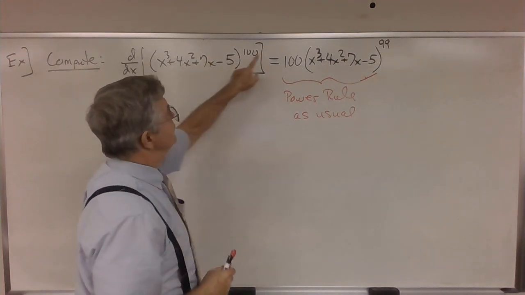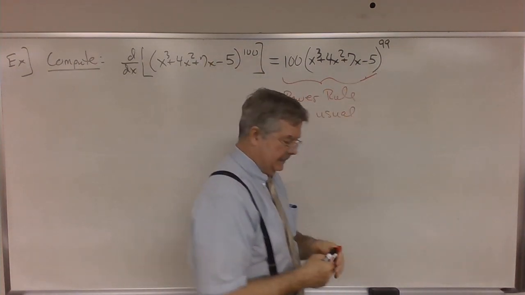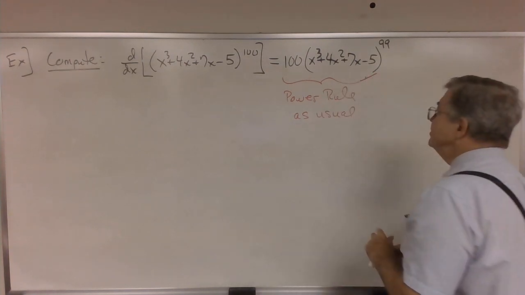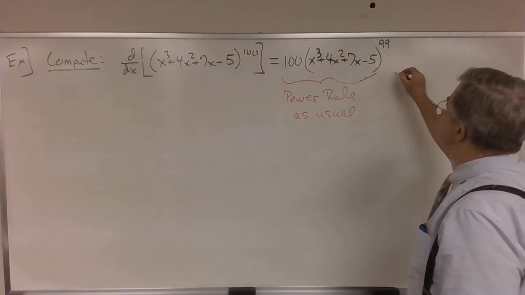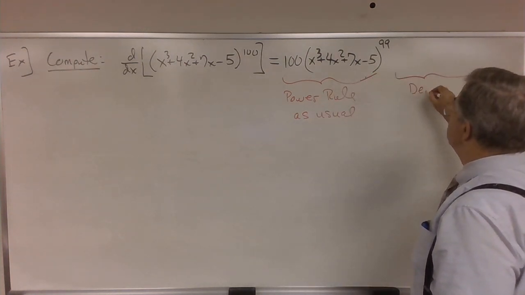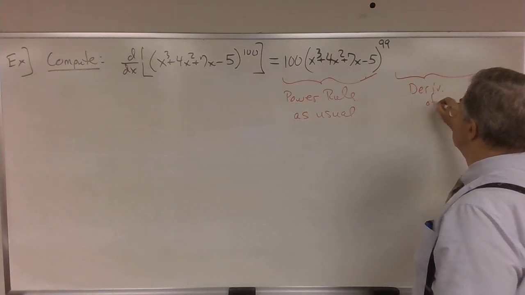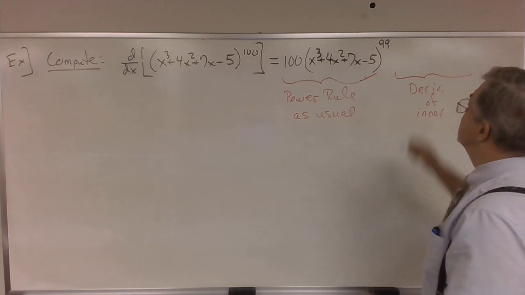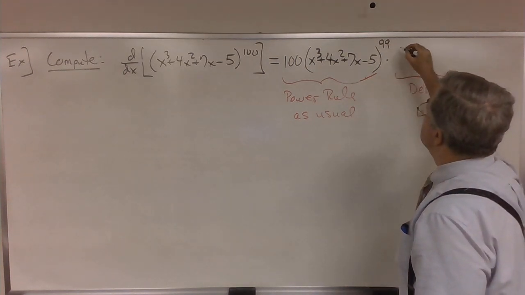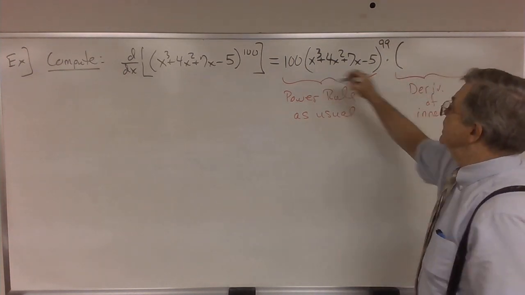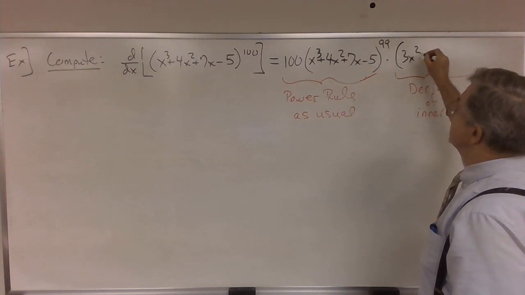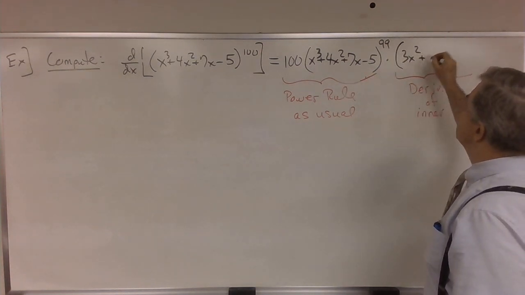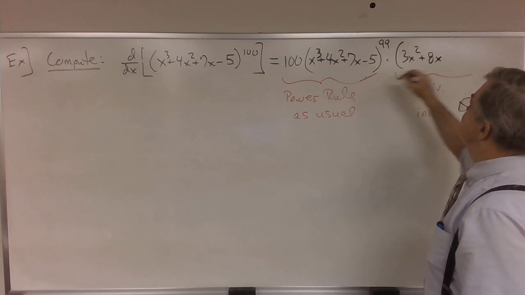100 times this to the 99th power. And then the chain rule says we have to multiply by the derivative of the inner: (3x squared plus 8x plus 7).